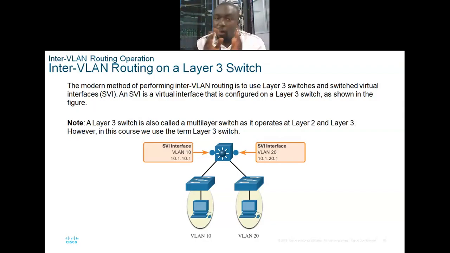Because in our OSI model, layer 3 deals with what? It deals with routing, all right? You have a packet that comes in and then it's going somewhere. It comes through ingress, it's going through egress, and you need to determine how it goes. Now, a layer 3 switch basically has that capability. You need to enable that particular feature.